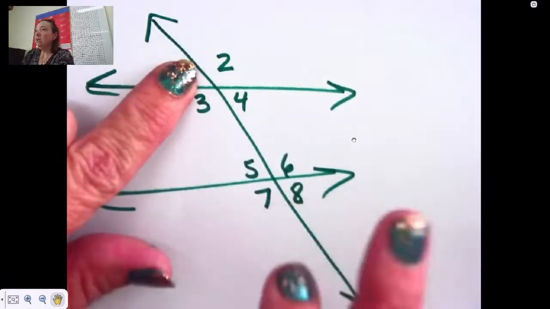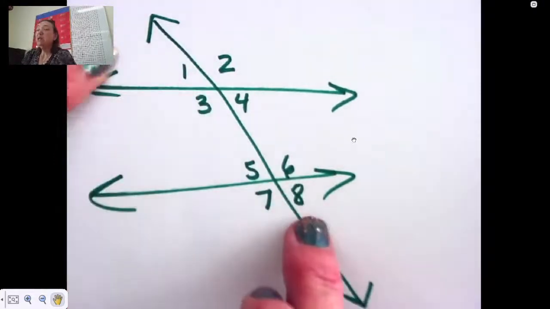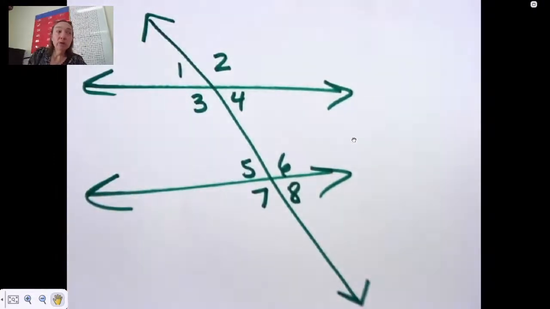One's not going to be congruent to something down here because these lines are going at different angles. Monday, we're going to talk about parallel lines, and how it changes things if these lines were parallel. But today we're going to talk about their relationships and what we call these different angle pairs.